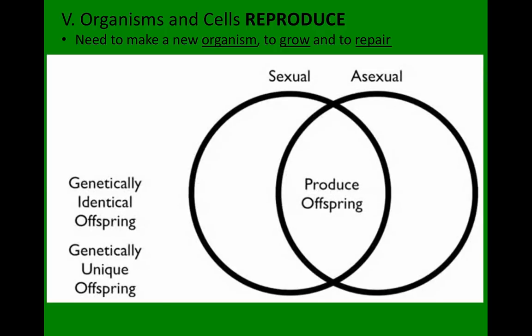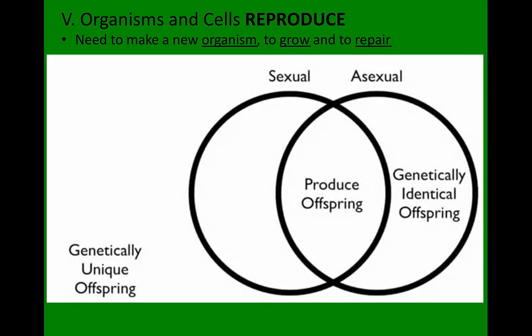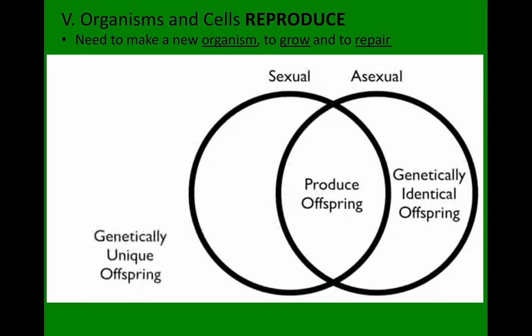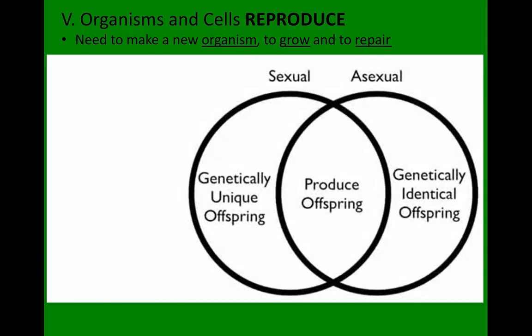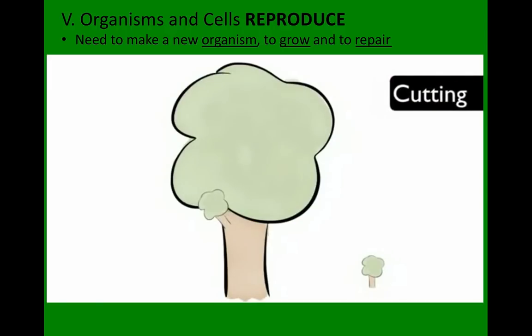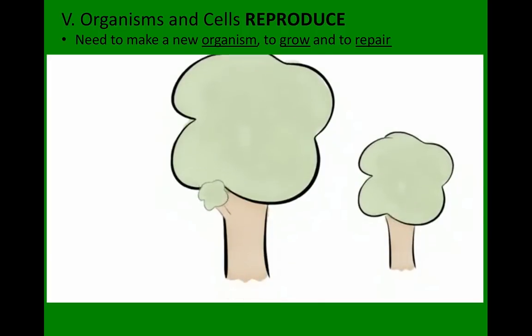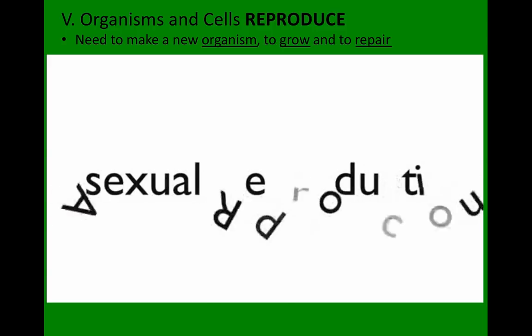However, asexual reproduction makes genetically identical offspring. Sexual reproduction makes genetically unique offspring. So try taking a cutting of a plant. You will be making another that has the same DNA as the parent. You just helped the plant to reproduce asexually. Asexual reproduction.